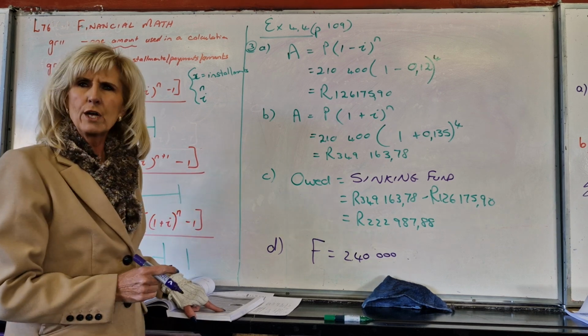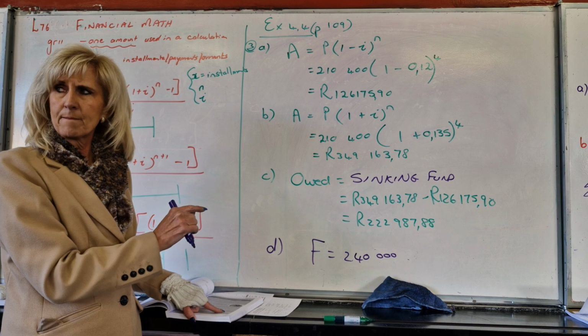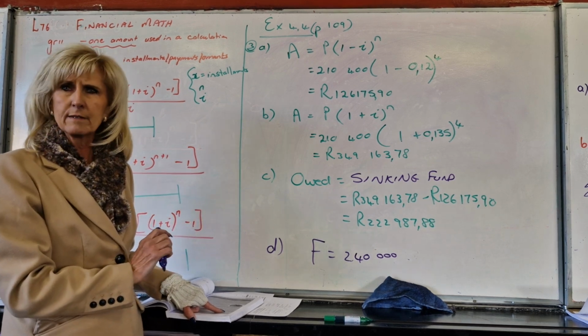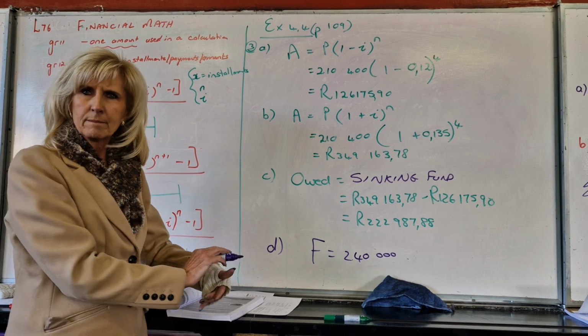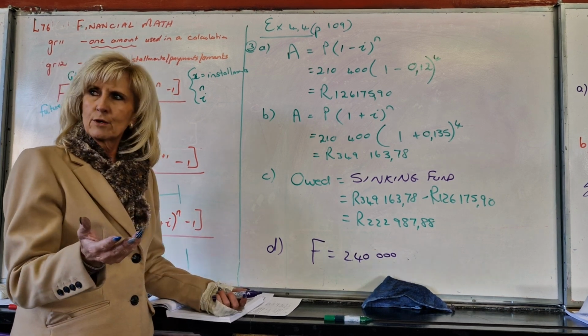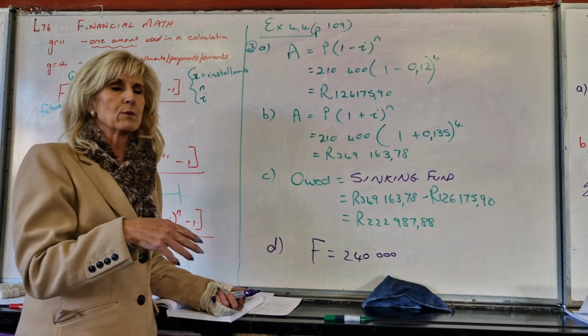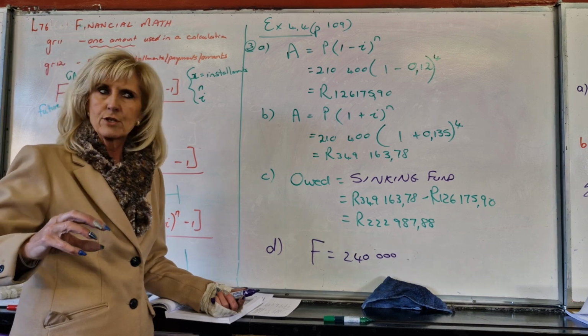Can't I then just say for 4 years, how many times does he then have to pay? 48 times. Can't I just say 240 divided by 48? No. Why not? Because there's interest. That first amount that he pays in, whatever it is, 5,000 rand, is not going to be 5,000 after the second month.